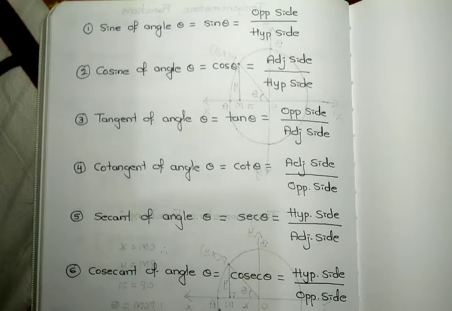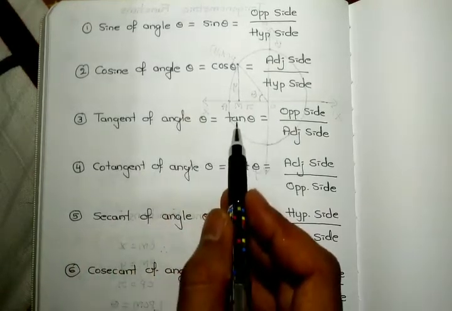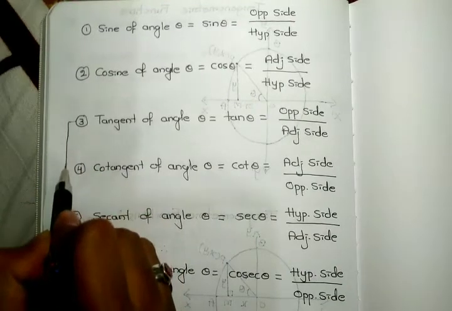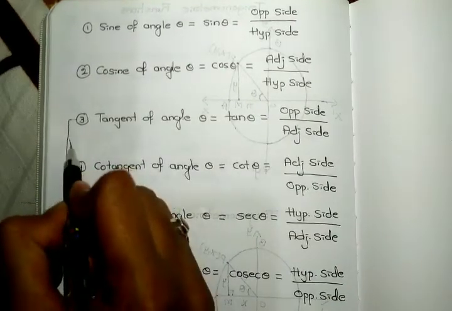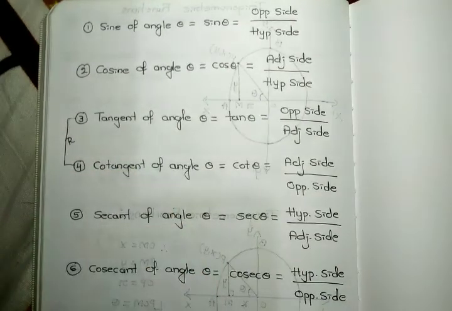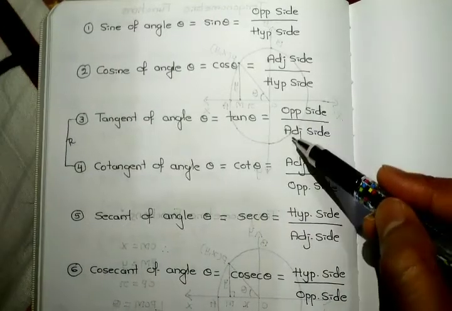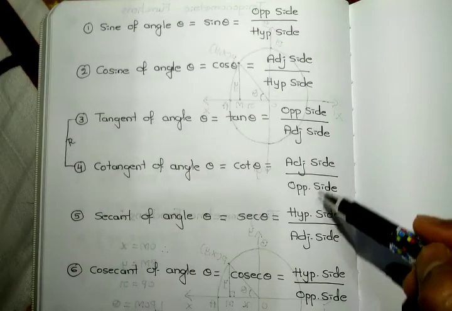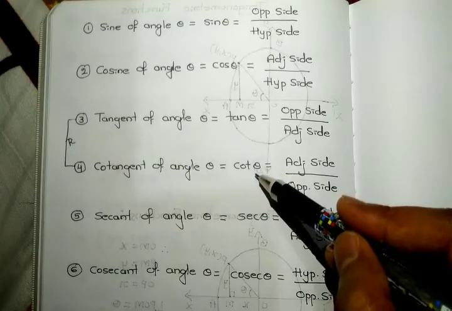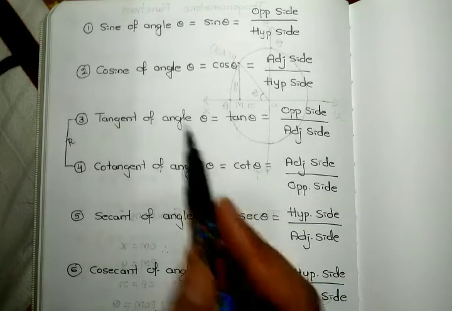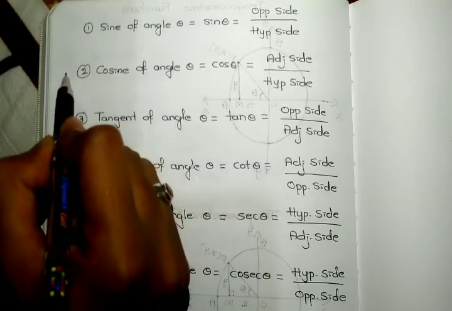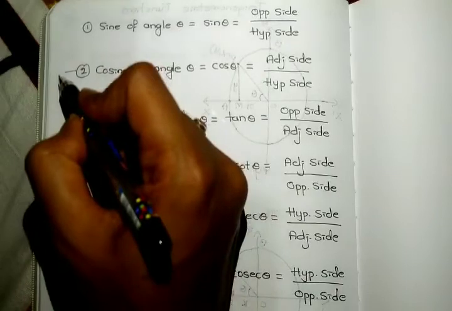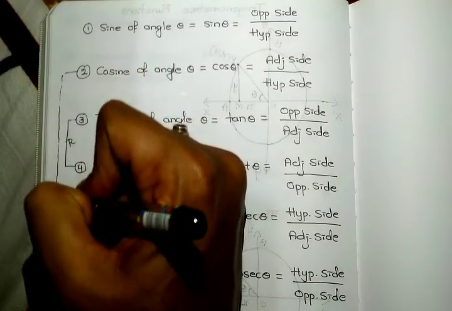Remember, tan theta and cot theta, these two are always in the reverse order. Opposite side divided by adjacent side is tan. The reverse, adjacent side divided by opposite side, is cot theta. Next, cos theta and sec theta, again these two are reverse.